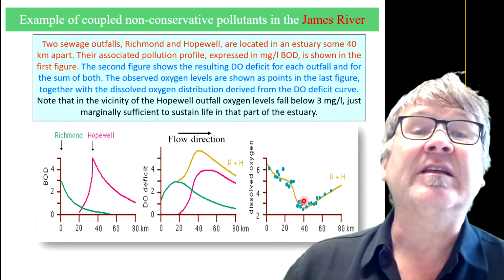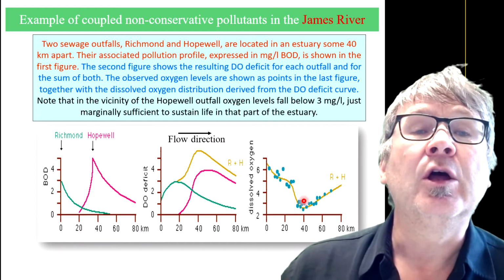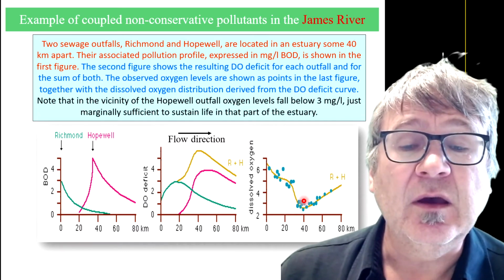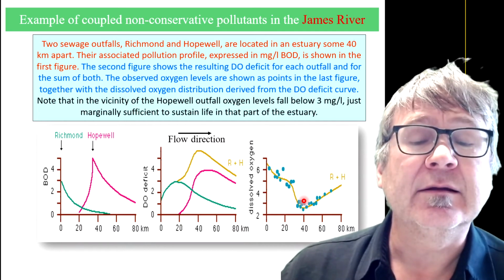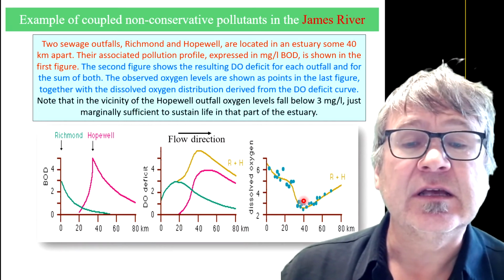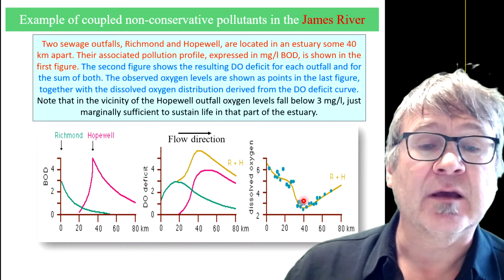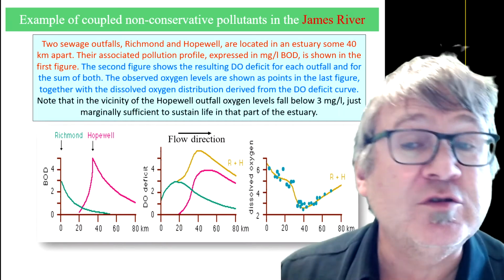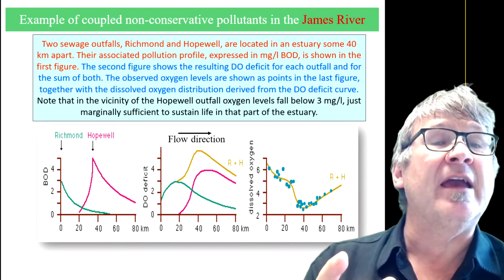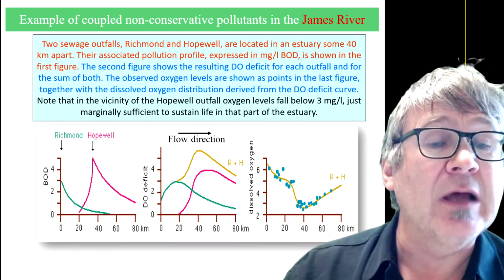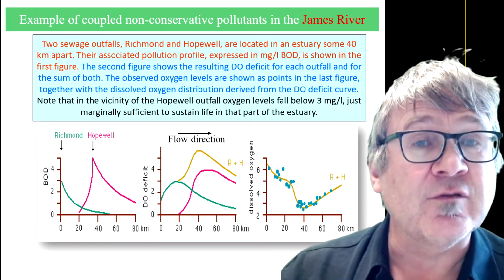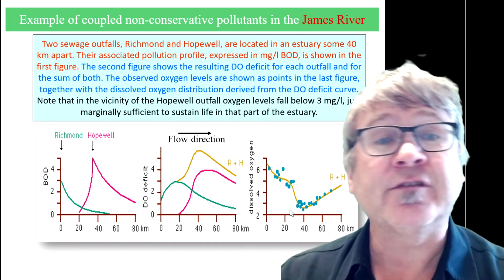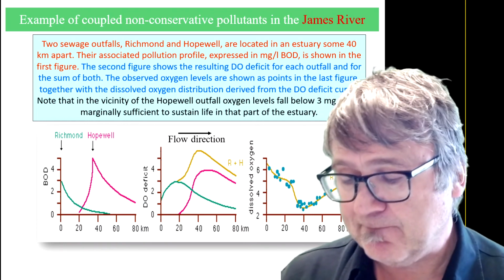And this low level is a consequence of having two sewage outfalls, whereby one influences the other. So it's the combined effect of two sewage outfalls which actually create critically low dissolved oxygen concentration in a section of this estuary in the James River.